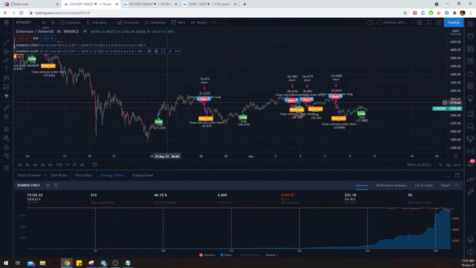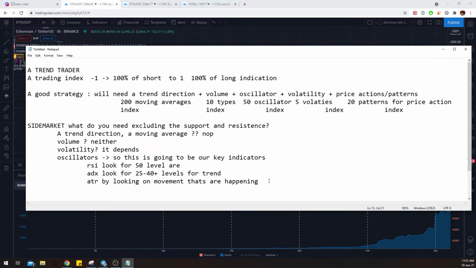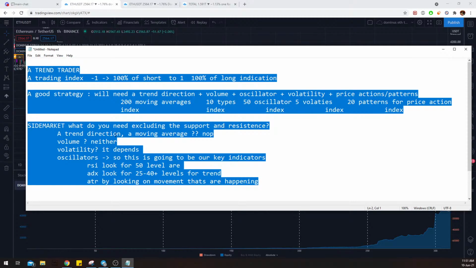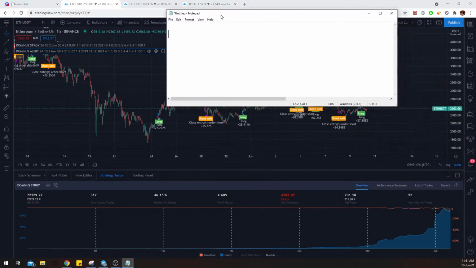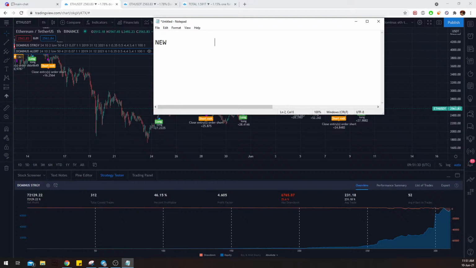We can see in this case, I'm going to delete this one for now. So we can see new, old, and the new one has 72k, 312 trades, 46%, 4.6, 25.6 DD.